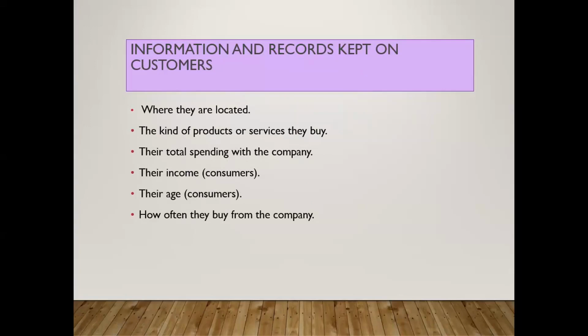The system will tell us what kind of products or services the customers buy. The system will also tell us the total spending with the company, what kind of income the consumers have, the age of the consumers, and how often they buy from the company.